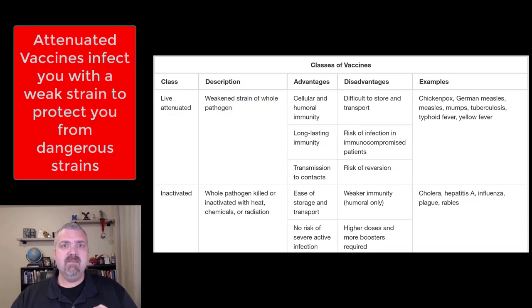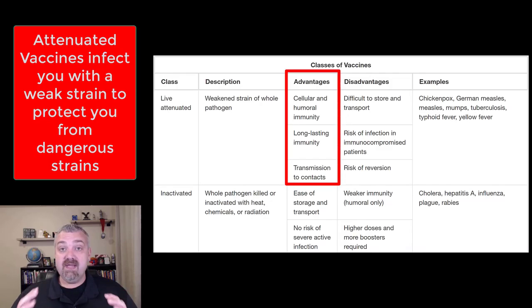Number one, it more closely mimics an actual infection because you really are being infected. You're just being infected with a weaker version of the organism. That means the organisms are alive when they go in. They're going to stay alive while your body mounts an immune defense, which can take 10 to 14 days. We covered that in the other video. So you are going to get a more lifelong immunity.